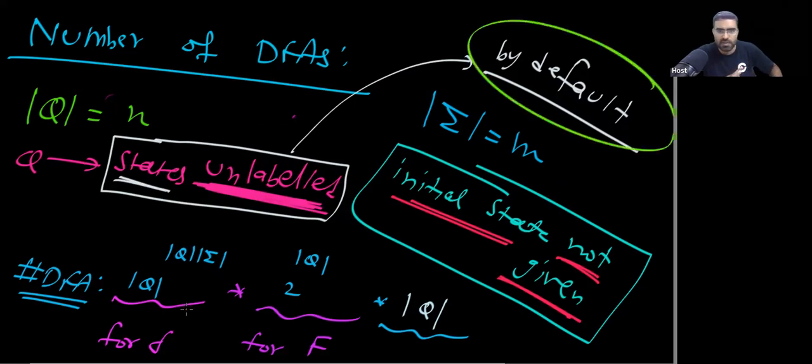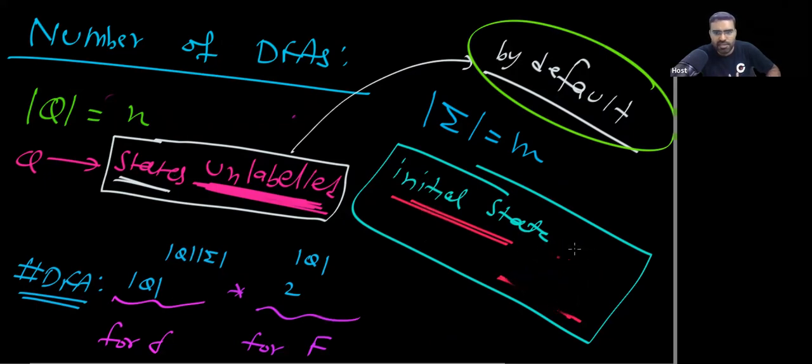In this situation, you don't have to multiply for the initial state, because the initial state can be anything. You can make any one of them the initial state.